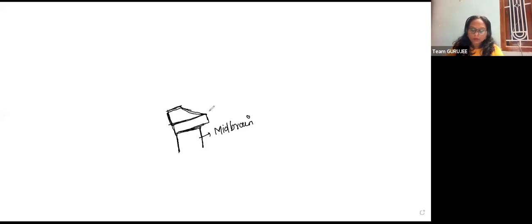So we call it the roof of the midbrain, and on it there is a structure which we call the third ventricle.